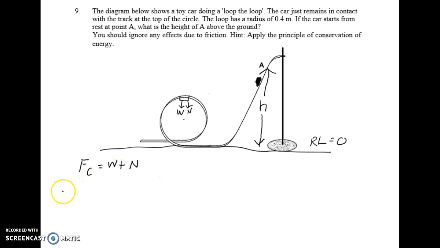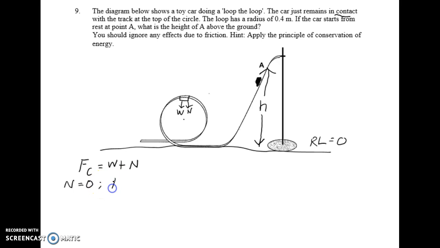One thing that we can simplify right now is that since the car is just in contact, it means that N is equal to 0. Whenever it says about not feeling any force from the seat, it is referring to the same thing.